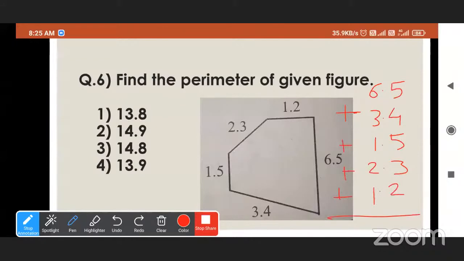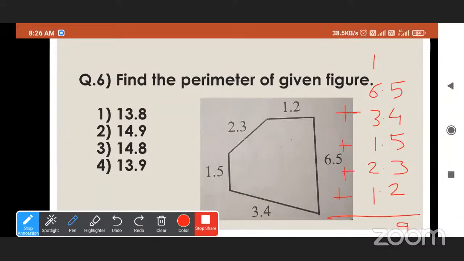Okay. So 5 plus 4 is 9, 9 plus 5 is 14. 14 plus 3 is 17. 17 plus 2 is 19. And 1 is here. 1 plus 6. 14.9.